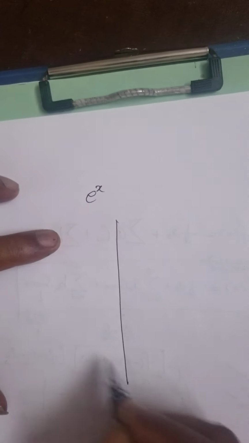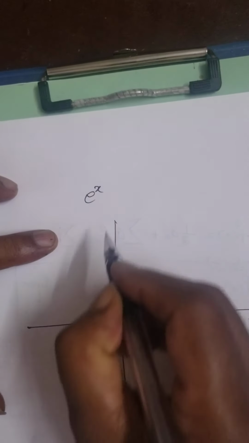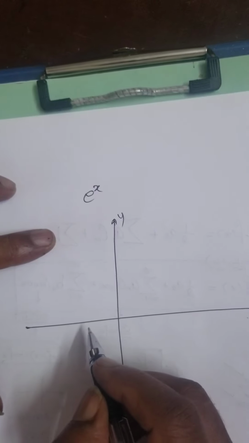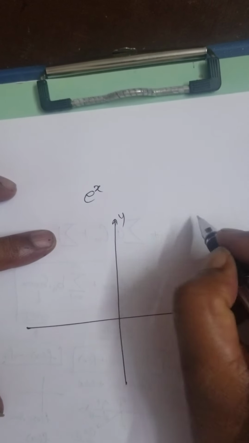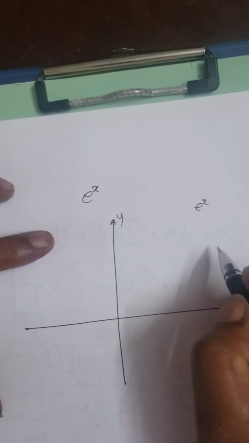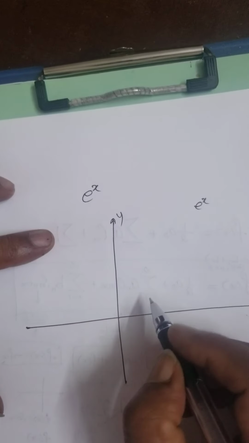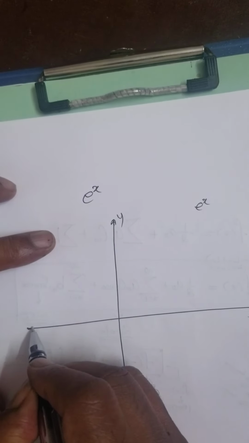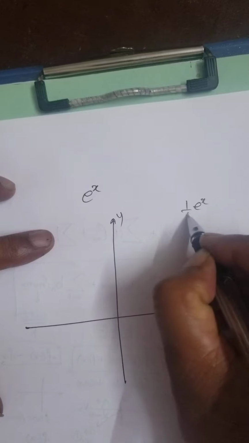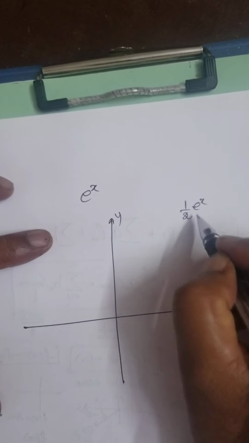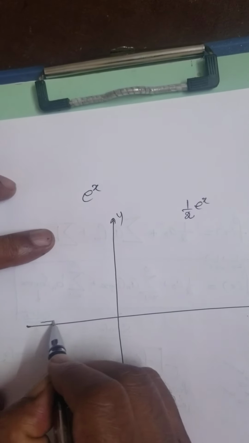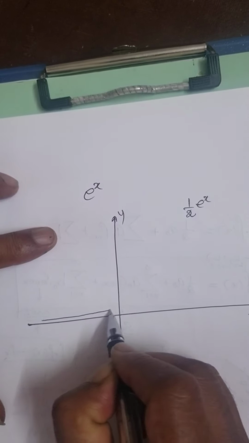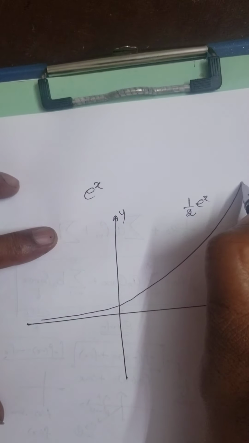Now I take this x-axis and y-axis. Now e to the power of x, how does it look? You start from here, see. e to the power of x or half e to the power of x, whatever it is. Suppose e to the power of x starts somewhere here. It goes like this.